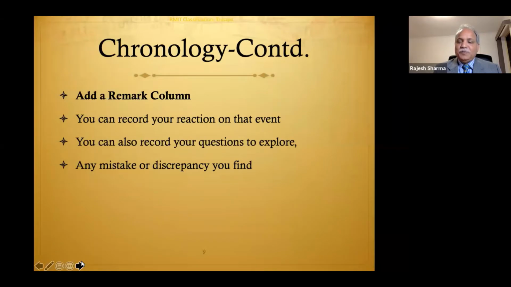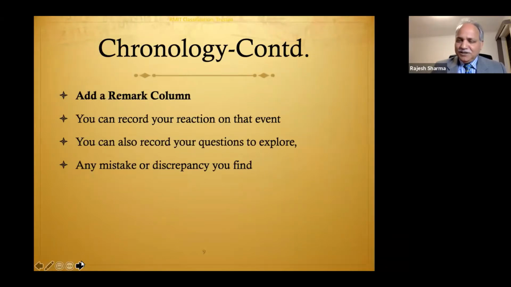When you prepare the chronology, at the end, you should add an extra column, and I call it the remark column. Remark column is something for you to take note of or say something. For example, when you are reading two documents, two emails, and you find there is something wrong and something is not matching, then you can write it down over there.